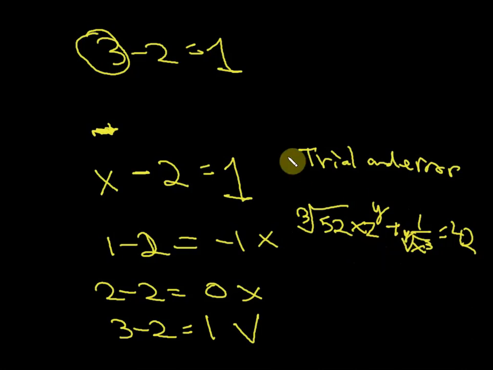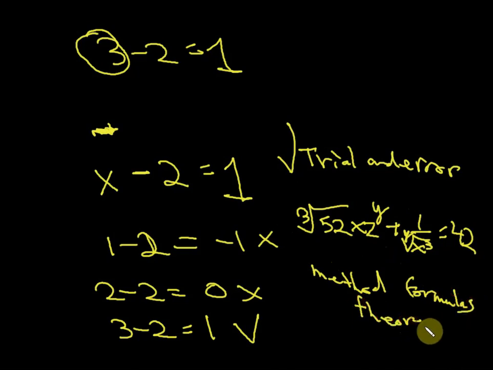You're not going to have time to do trial and error, right? You're going to have to use some sort of method: formulas, theorems that have been proven, so then you can solve these quickly. This was a fairly simple one, so you could do trial and error. But in the grand scheme of things, you're going to be using all the tools at your disposal.